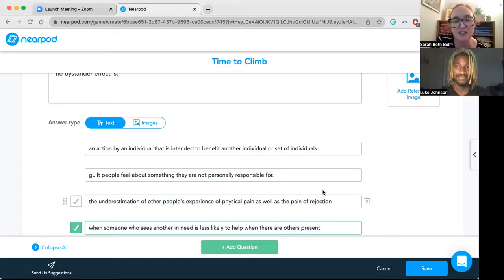You're the only person there. It's weird, but if you really think about all these different times you've seen, people are like, "Oh, I'm going to make it worse," or "Somebody else will help." Basically, the more people are around, the less likely you are to help.